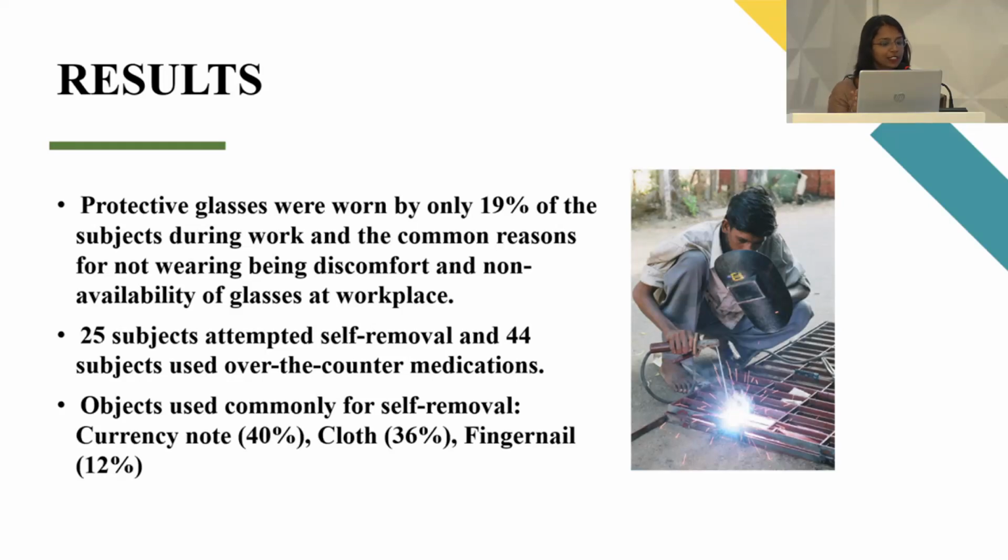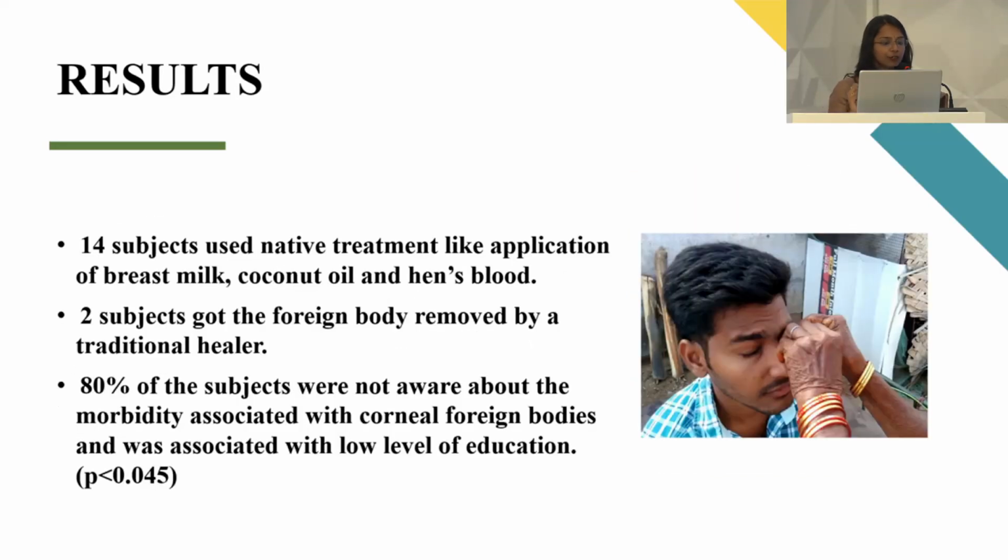Also, 44 subjects used over-the-counter medication, almost all of them steroid drops. 14 subjects had used native treatment like breast milk and coconut oil, and one person had used hen's blood as well. 2 subjects got their foreign body removed by a traditional healer who removed it with her tongue, but it was not removed, so she came back to us for the removal.